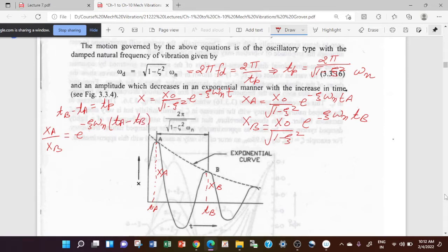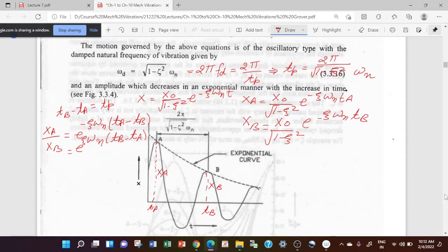I can write this as omega n into zeta into TB minus TA, and this is your time period.